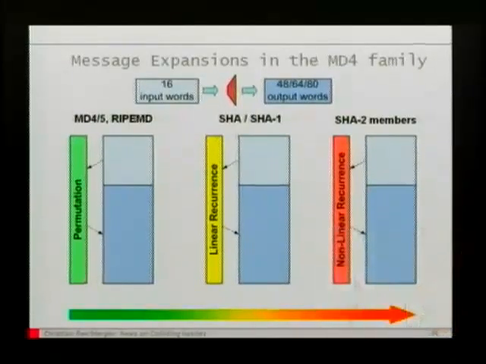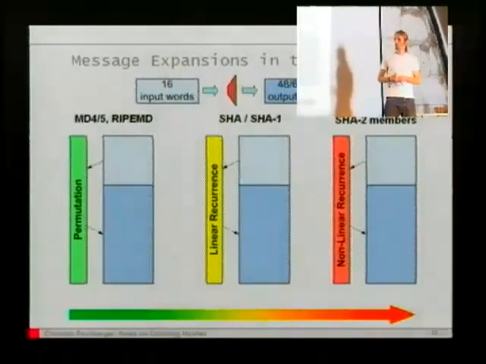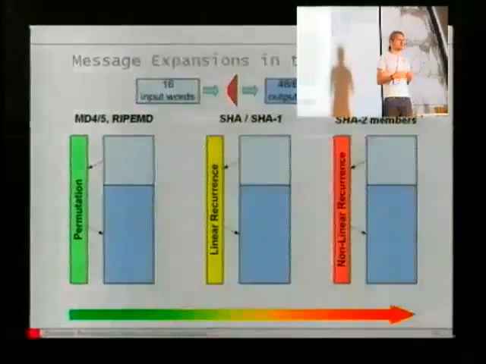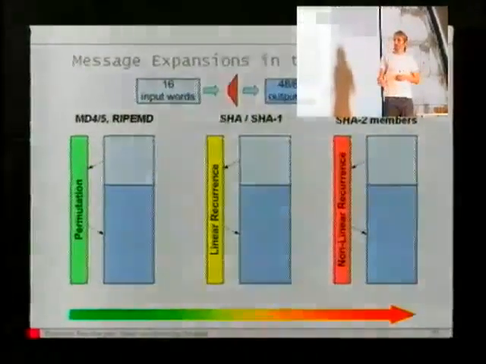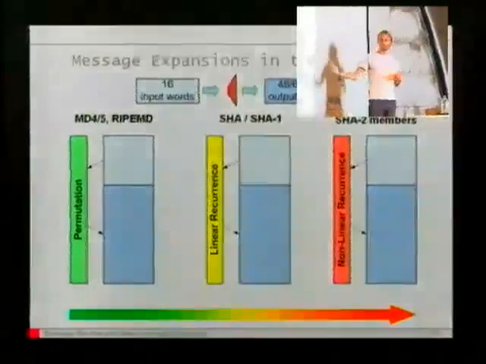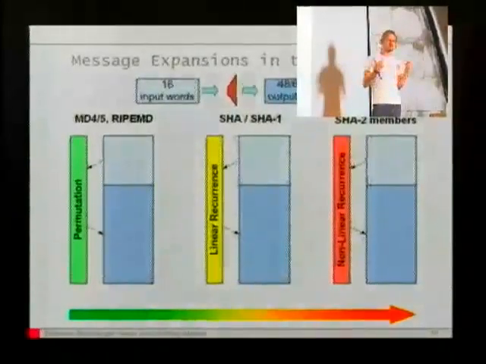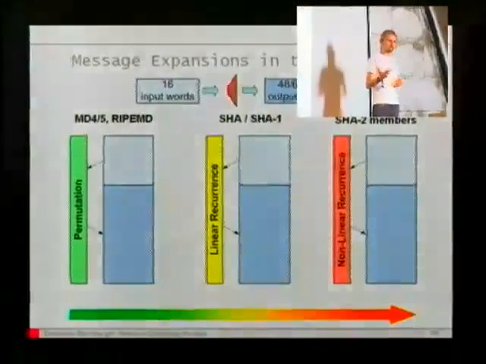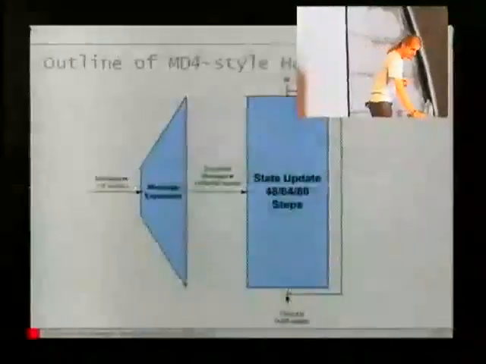What you see in general is this tendency of increased design complexity. Of course, these changes make them slower, which is not that nice. It supposedly makes them more secure, but the problem is, because it's more complex, it's also harder to analyze, and it's less likely to be certain about the security.